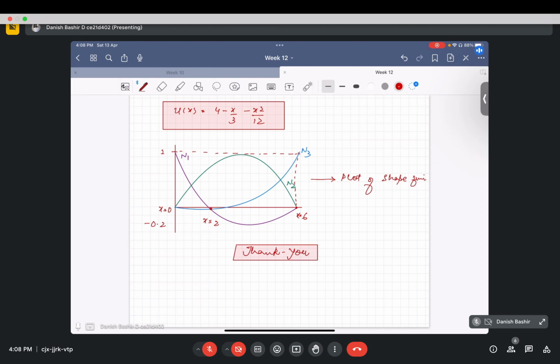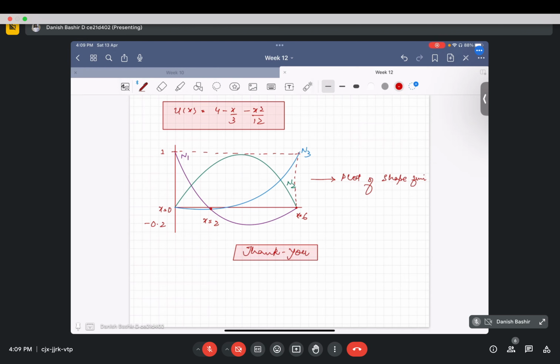In today's class, we saw higher order elements, what are their advantages, what were the disadvantages of lower order elements, and why we required higher order elements. I gave you the complete difference between lower order and higher order elements. Then we saw the shape functions for second order problems, wherein we derived the shape functions for a three noded element, starting with a trial solution of quadratic order.